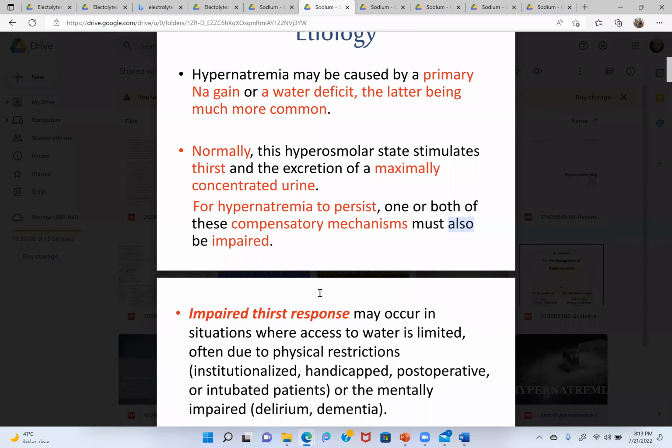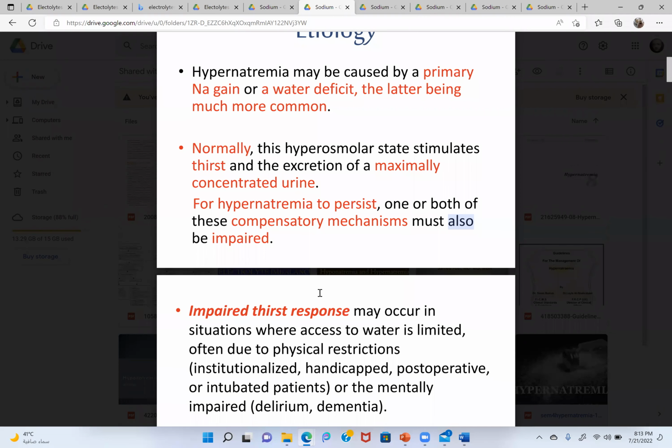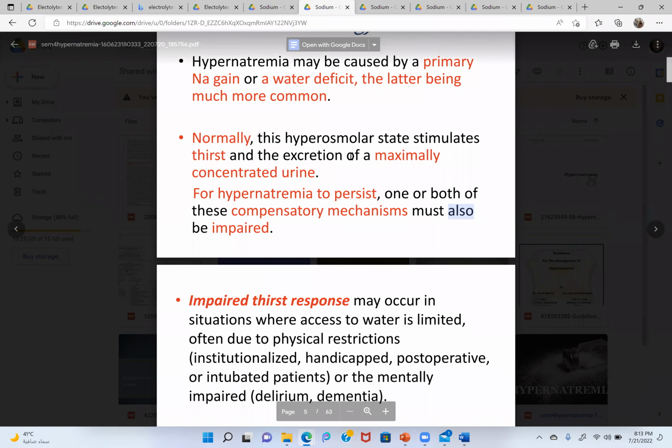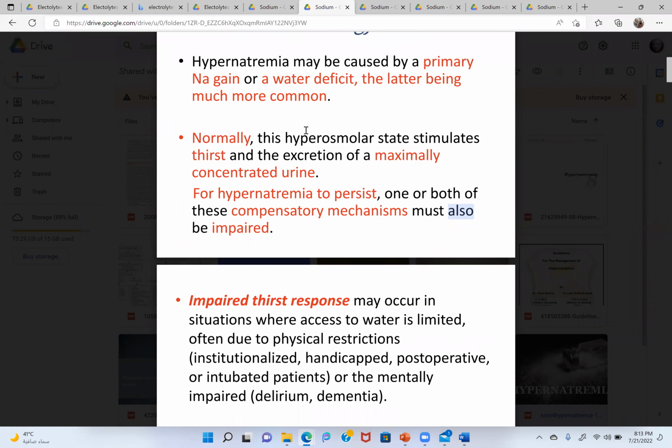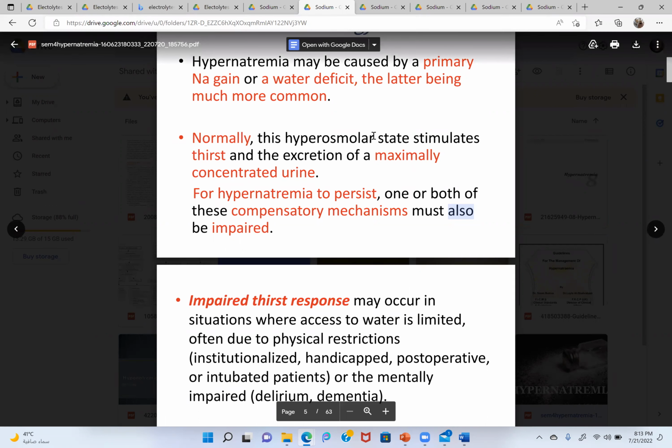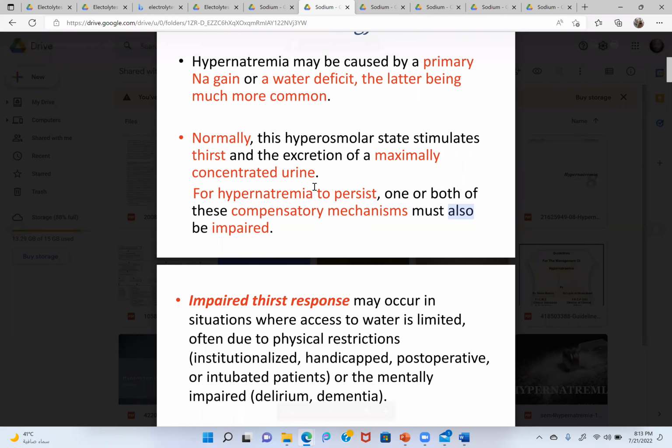Usually they are compensated. Usually we will drink more water if the sodium levels increase. So if this mechanism through the hypothalamus does not work, it will result in hypernatremia.